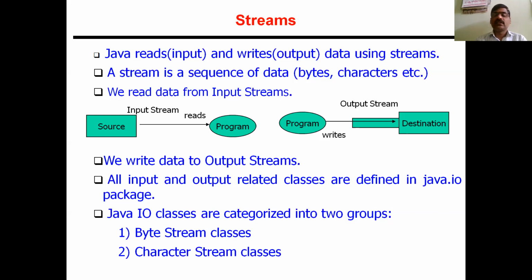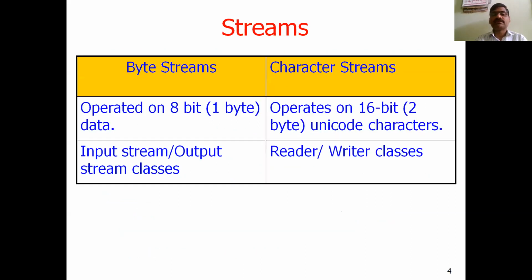Java IO classes are categorized into two types, byte stream classes and character stream classes. How are these two types of classes differentiated?